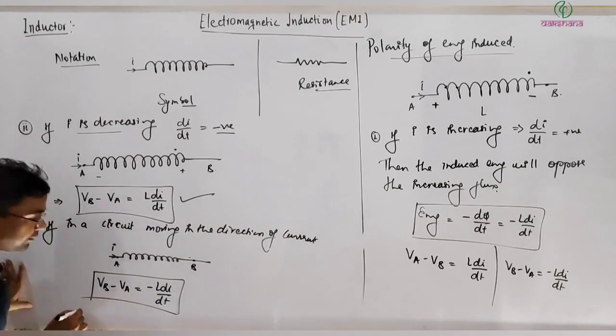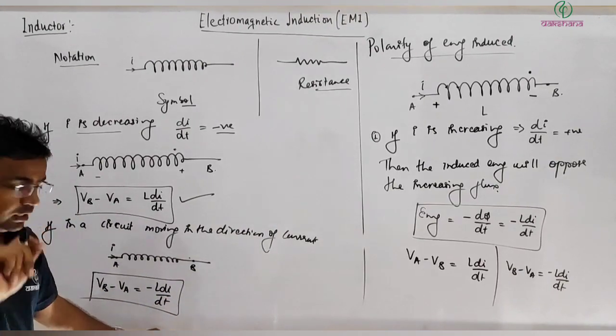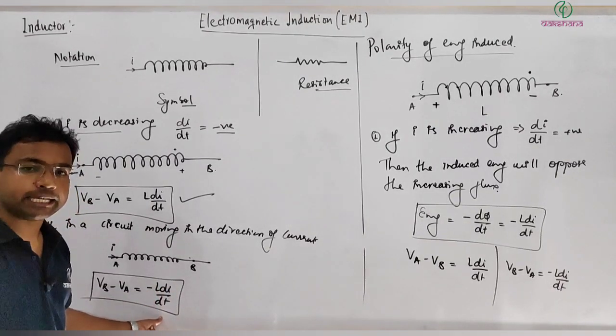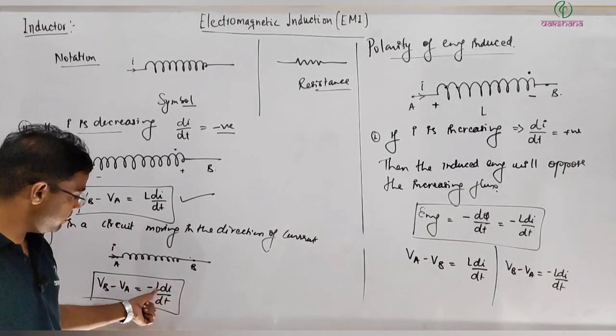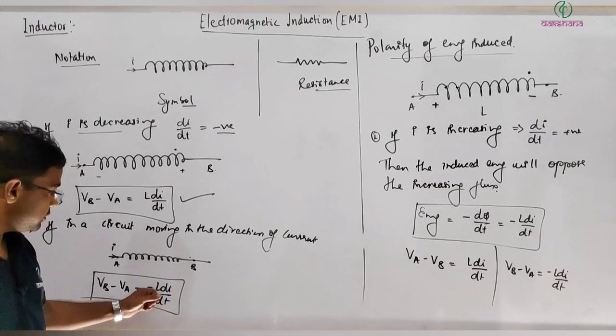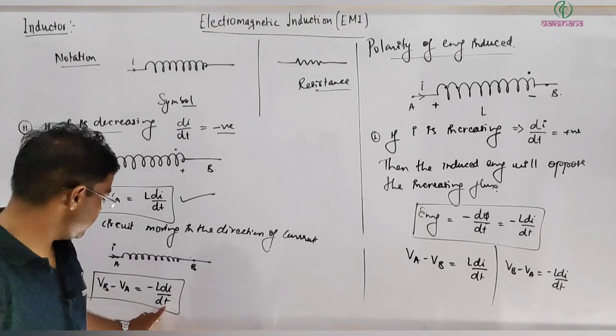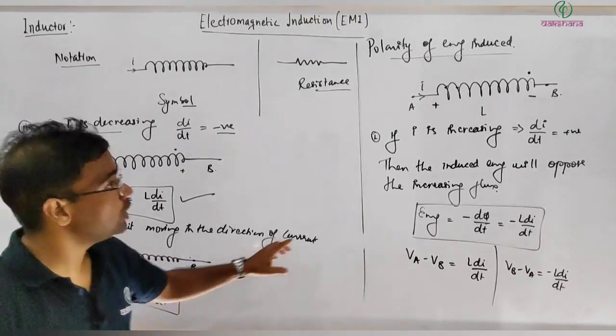Always, whether it's increasing or decreasing. Now see how it will take care of everything. If di/dt is increasing, then this quantity will be positive, and this quantity being positive means B will be at lower potential.